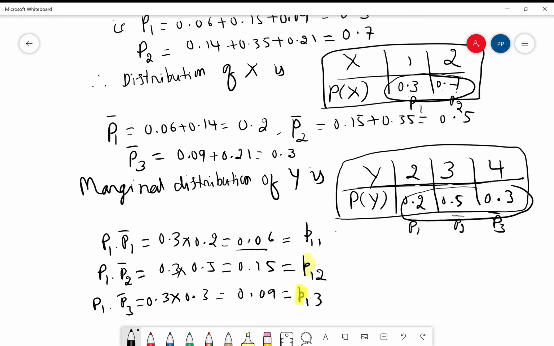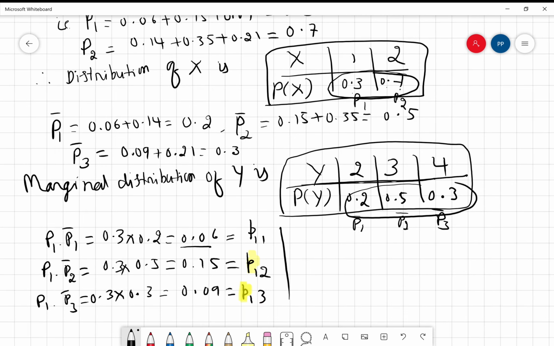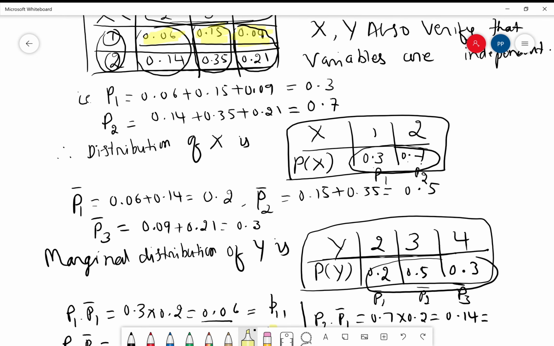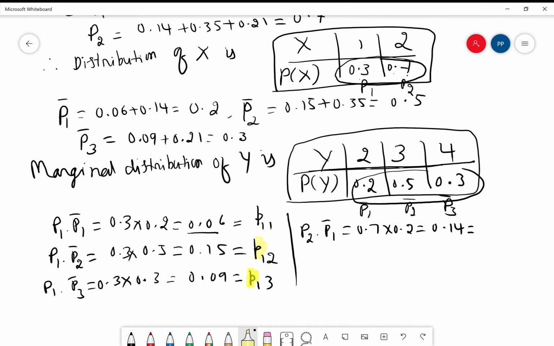Next, P2 into P1 bar equals 0.7 into 0.2, which is 0.14, which equals the value you find here, which is nothing but P21.